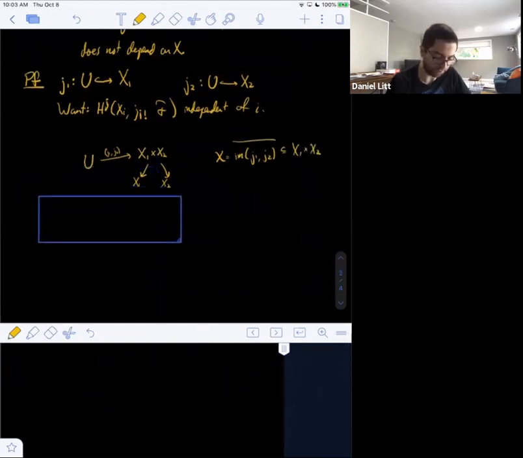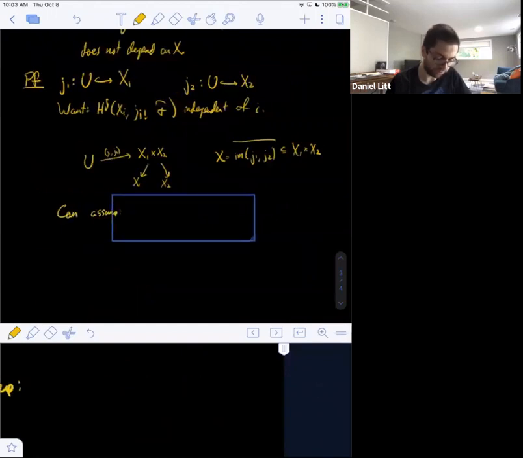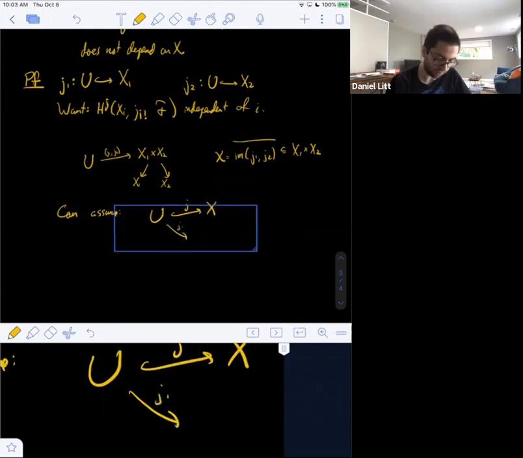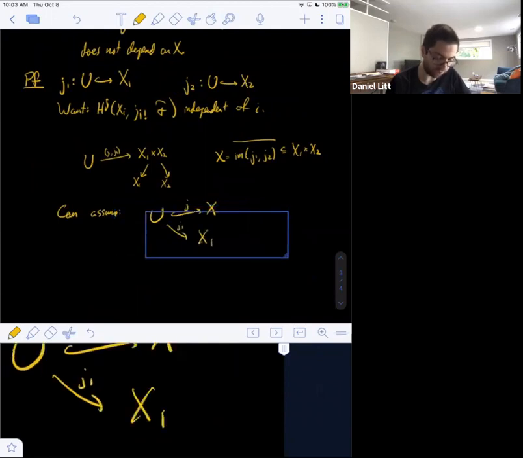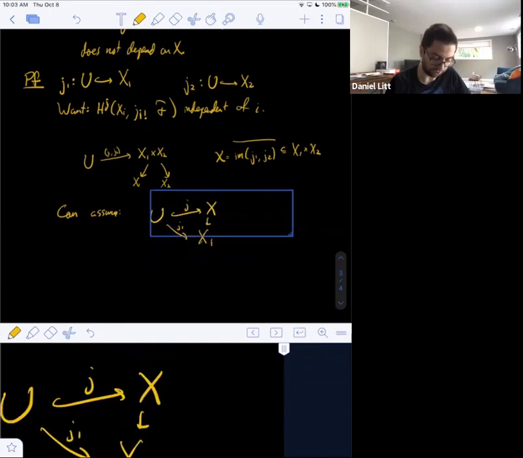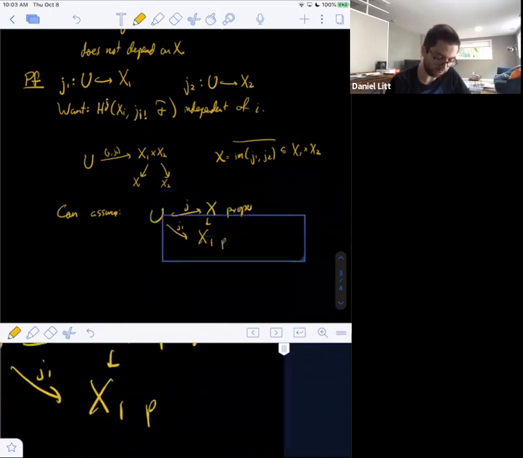All right, so what we've done is we've reduced to the following situation. We have U going into some X, and then X maps down to some X1, where both j's are open embeddings and both X's are proper.